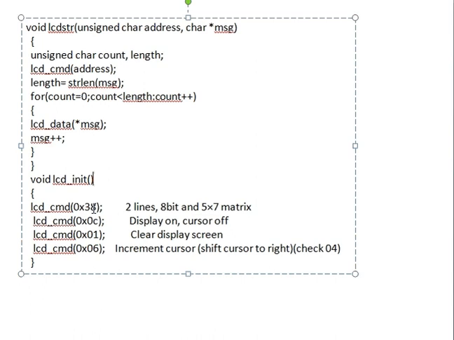So first it takes this 38 address. If you want to figure out what this 38 does, you can go to Google and type LCD commands. You can figure out there are nearly 20 LCD commands, and all have some functions.